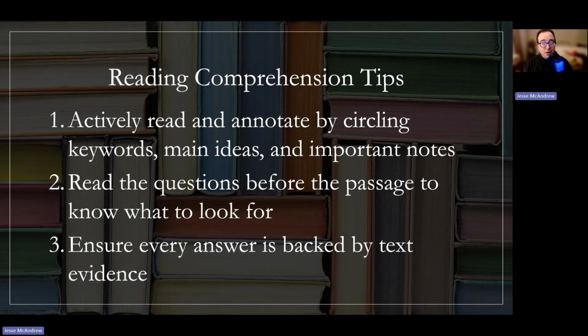So we're going to start with reading comprehension tips. The first one is to actively read and annotate by circling keywords, main ideas, and important notes. I think this is incredibly important because this helps us actually understand what the text is trying to tell us in the first place. Circling keywords can help us determine what is really important and helps us center around the main ideas of the text.